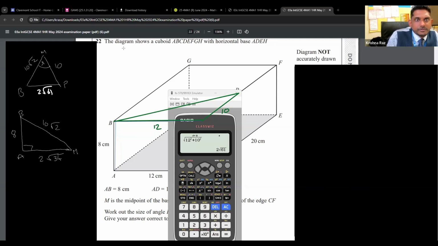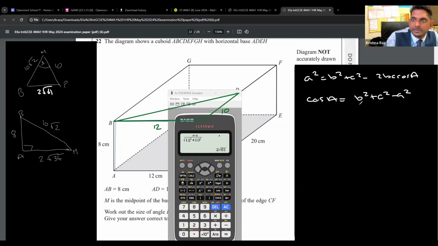So from the cosine rule, rearranged, we know the cosine rule is a squared equals b squared plus c squared minus 2bc cos a. We rearrange that, we get cos a equals b squared plus c squared minus a squared all over 2bc. And we just need to sub those numbers in. So if this is our angle A, that will be length A. And then these will be our B's and C's.